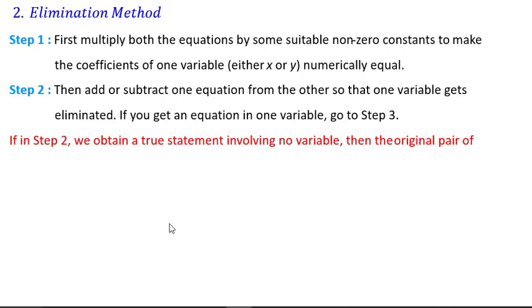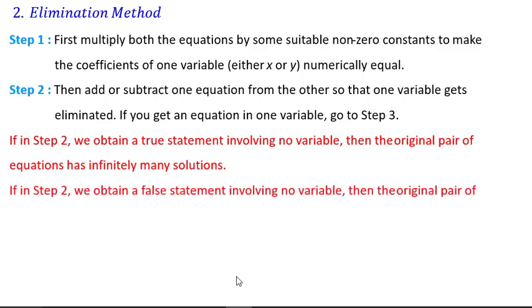Step number 3. But if in step number 3 we obtain a true statement involving no variable, then the original pair of equations has infinitely many solutions, and if in this step we obtain a false statement involving no variable, then the original pair of equations has no solution, that is, it is inconsistent.